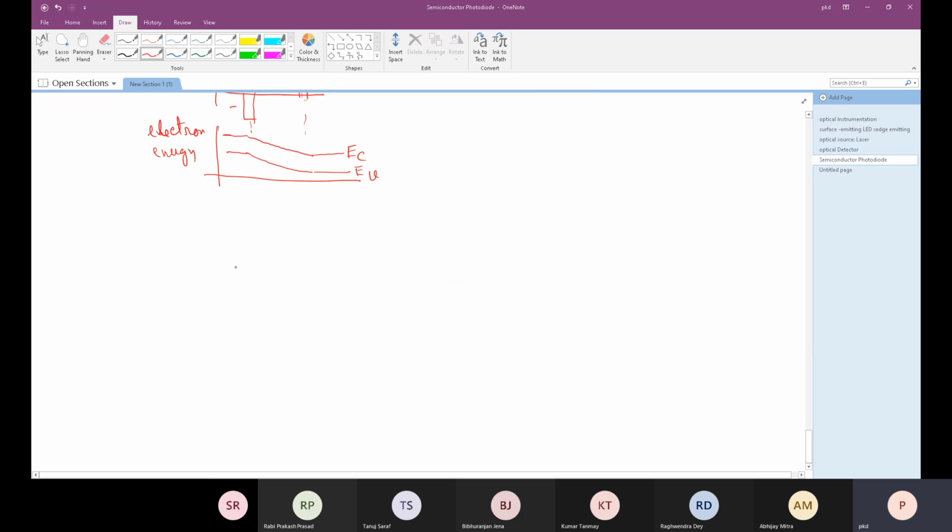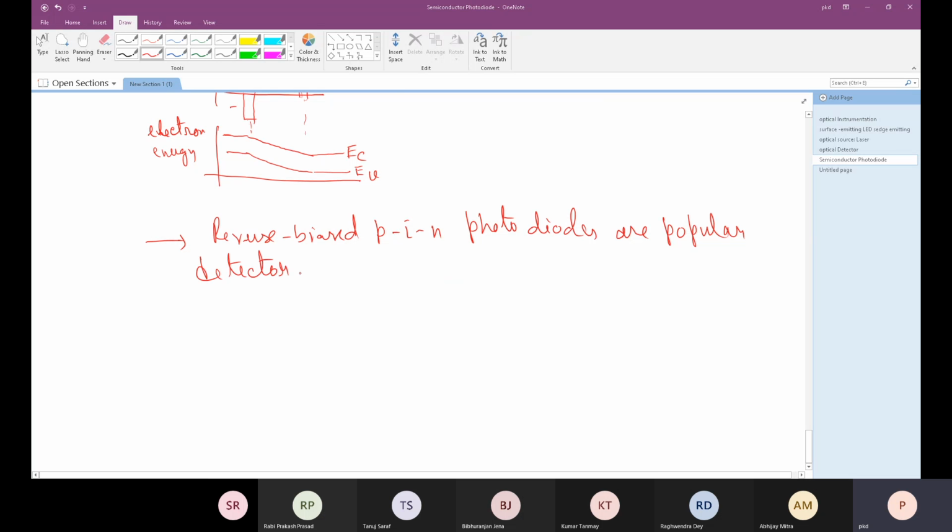Now in the reverse bias, PIN photodiodes are popular detectors because of high efficiency.